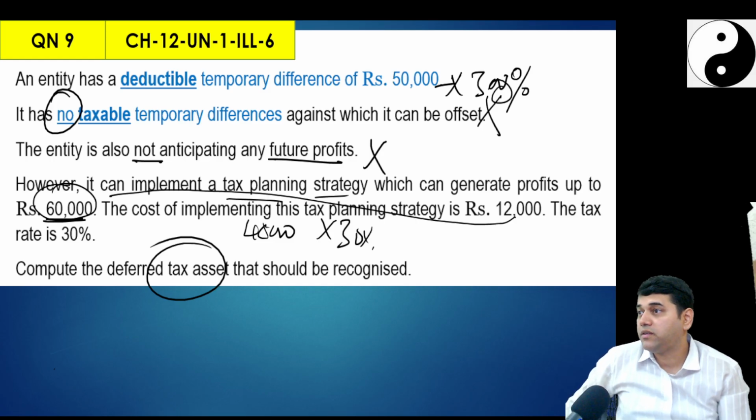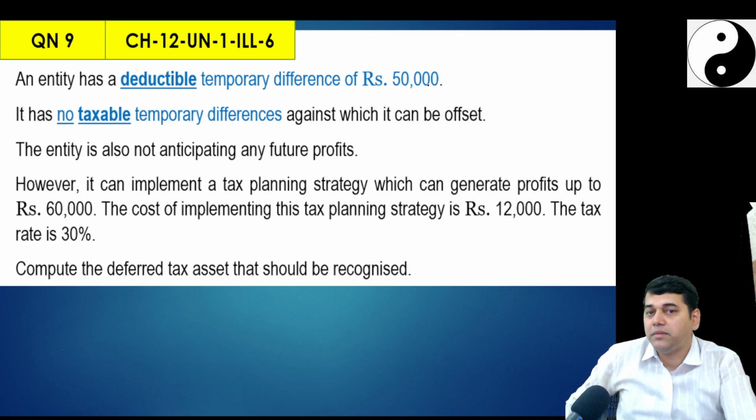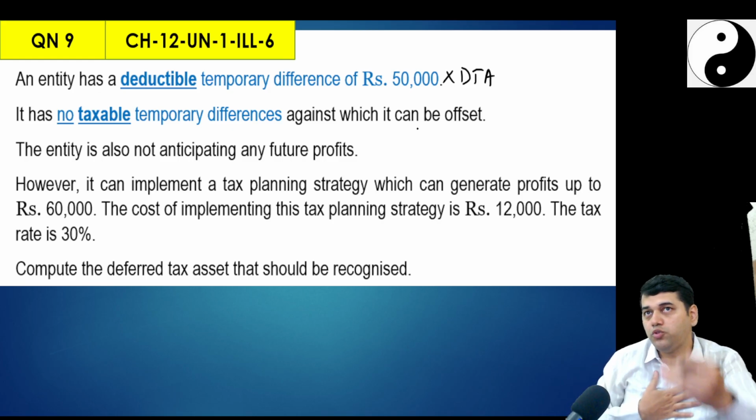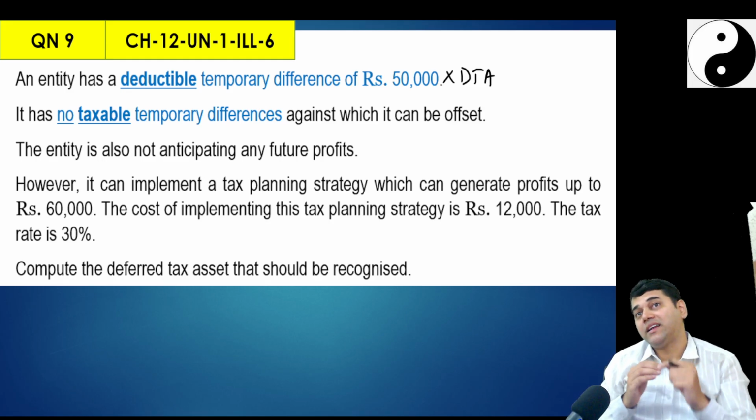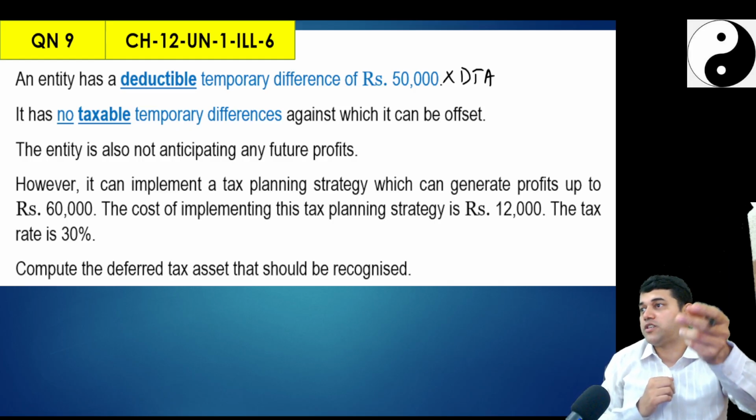Future profit, because that's what I told: today you have a deductible temporary difference and you say a deferred tax asset is going to come to me. That means you claim less tax now, saying that you will claim this tax in the future. To claim the tax in the future, first of all you should have a profit.